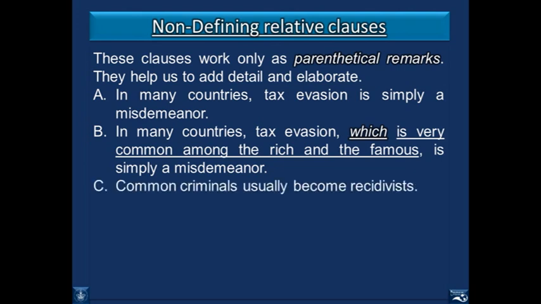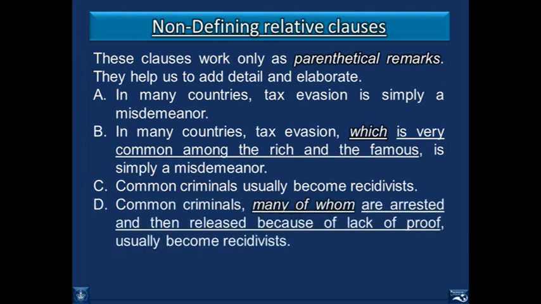Another example will be: common criminals usually become recidivists. Now, if I want to provide more information about this, why recidivism happens, I can include this information in a non-defining relative clause. For example, common criminals, many of whom are arrested and then released because of lack of proof, usually become recidivists.